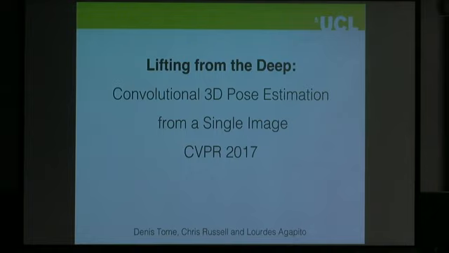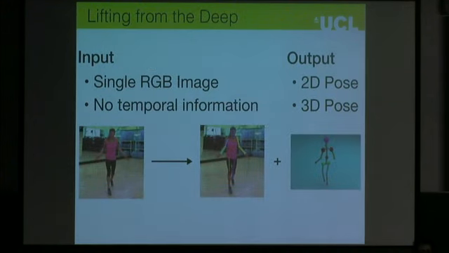In this work we're taking advantage of deep learning, but we're also using a lot of geometry within this approach. I think it's an interesting way of using geometry so that we can train a deep network with fewer labels, and only with 2D labels rather than requiring 3D labels.